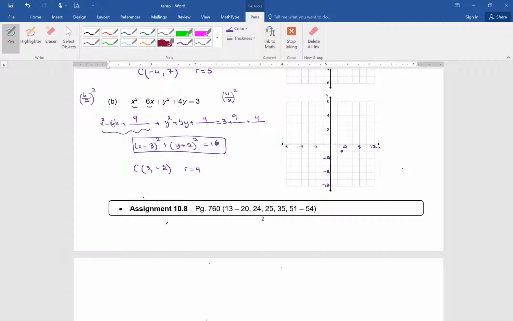All right, so now we're counting up 4 and down 4 and over 4 and over 4. Oh, I messed up on that circle. I'll do it again. All right, so that's that.